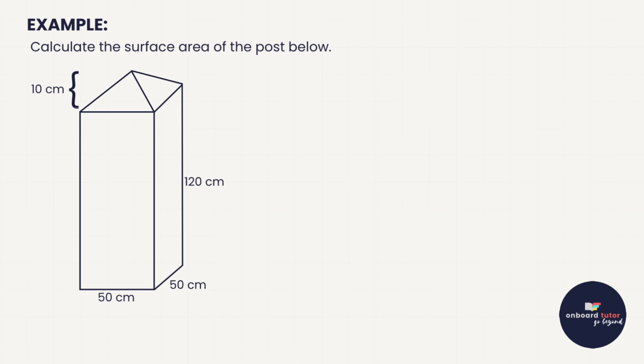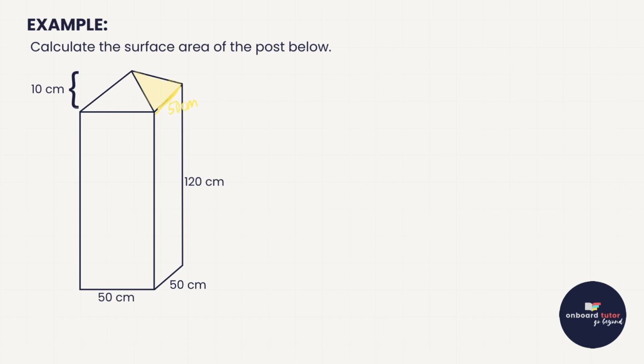Okay, let's start with the pyramid, because that's going to involve a little bit more of our brain capacity. In order to work out the surface area, or just the area, let's say, of one of these triangles, I need a base and I need a perpendicular height within that triangle. Okay, so what I've got now is I can for sure say this base here is 50 centimeters, so that's okay.